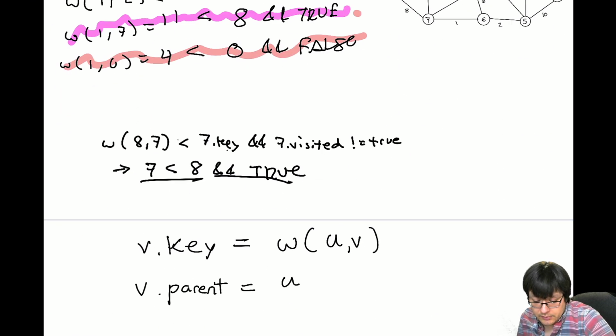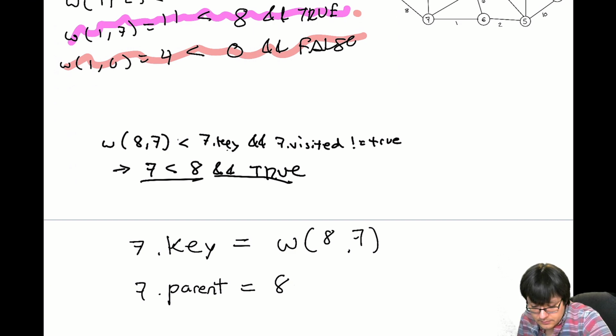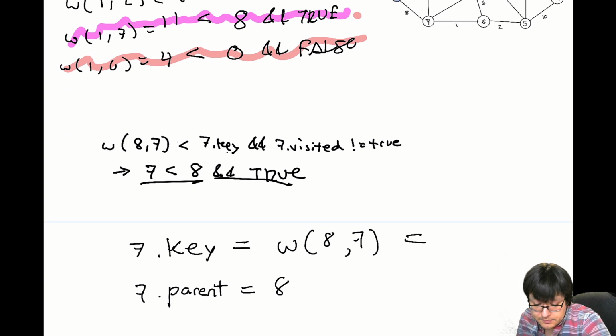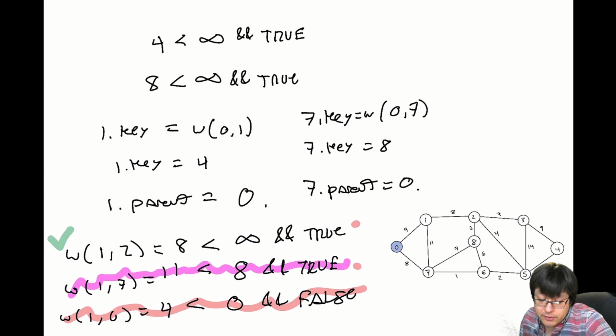So in our case, V is 7 and U is 8. And so this is basically equal to 7. So we're basically updating 8 with 7. Okay, and we're setting a new parent.